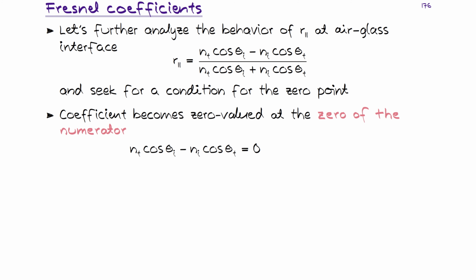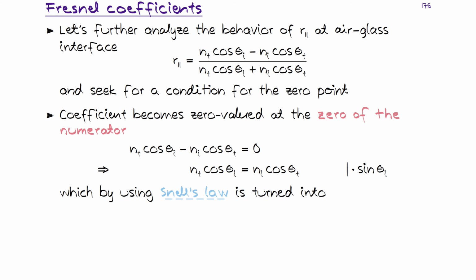When that happens, we can equate that nt cosine theta t should be equal to ni times cosine theta i. So this equality should hold. And we can now multiply both sides by sine of theta i. Then I have ni sine theta i here, so I can apply Snell's law and turn this into nt times sine theta t.